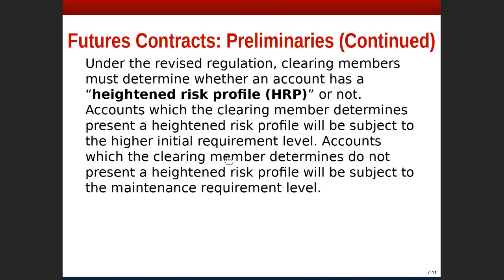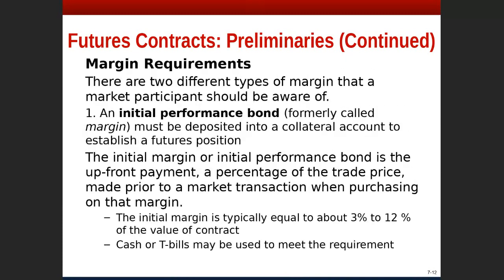Accounts which the clearing member determines do not present a heightened risk profile will be subject to the maintenance requirement level. And I will show you on the slide after this what all of this means.